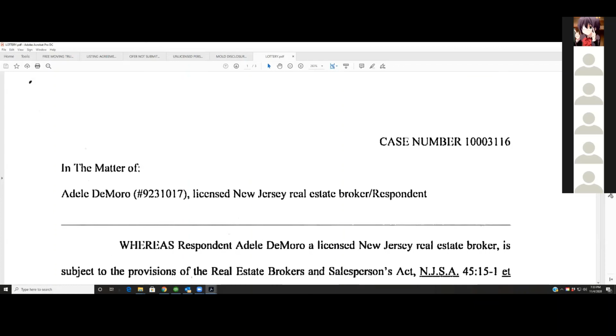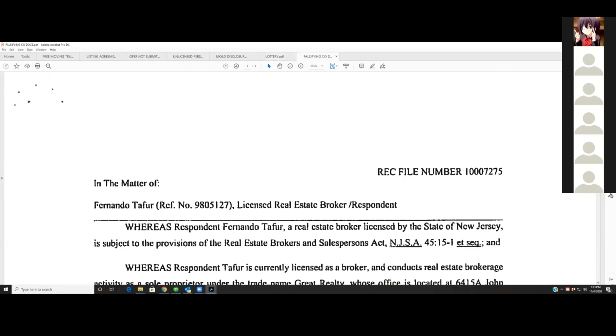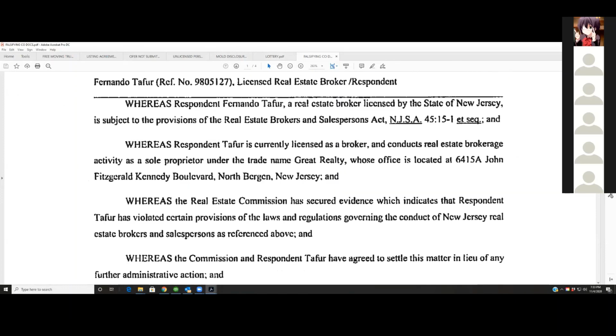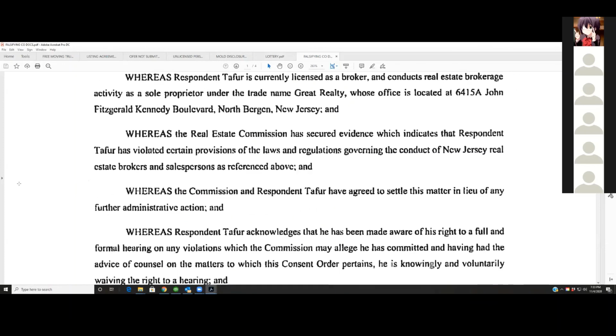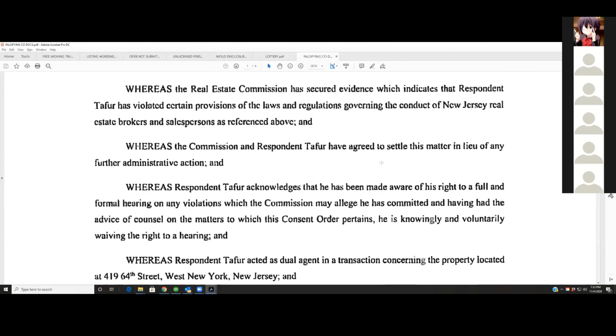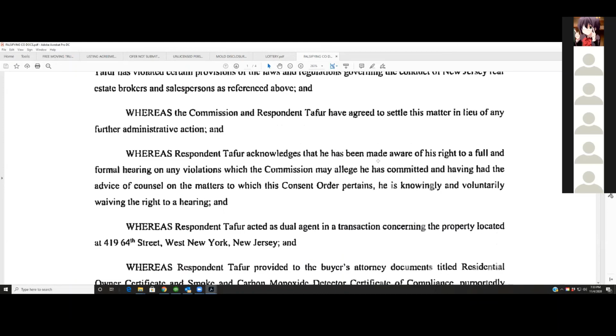All right, here are some agents that I have seen doing it too. Agent falsifying CO documents. That's bold. Falsifying what kind of documents? Certificate of occupancy documents. How do you do that?